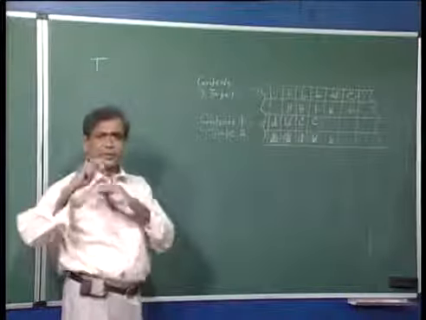So, the situation is like this: on tape 1 this B is being scanned, and on tape 2 this C is being scanned. Now, when we represent it like this, the B that is being scanned is to the right of this C. That is a kind of invariant you can assume. What is the invariant?